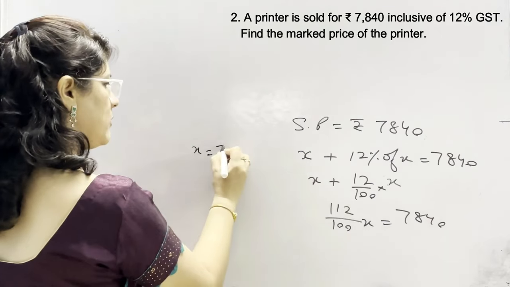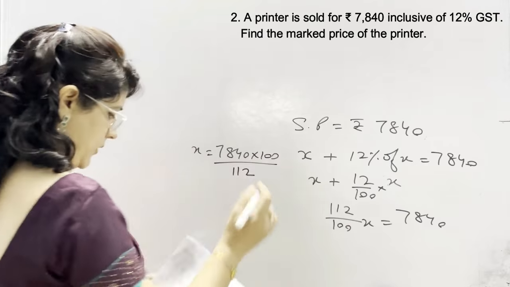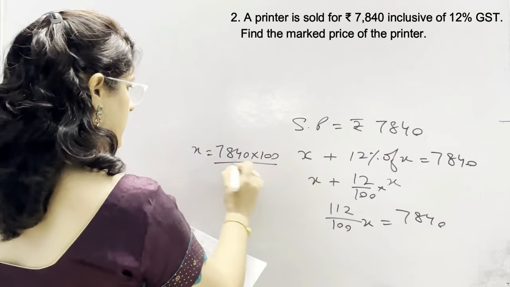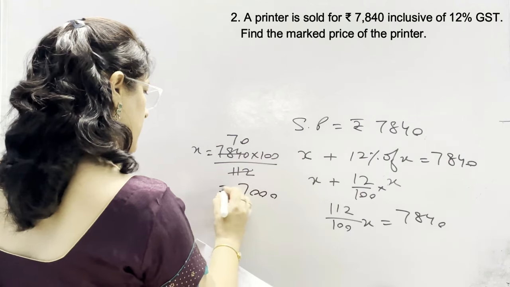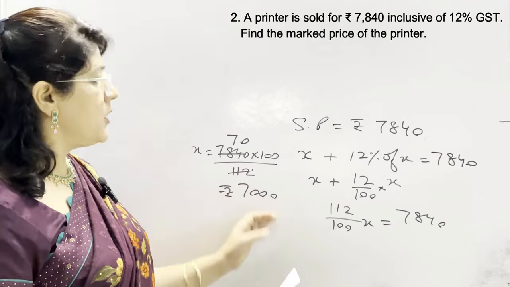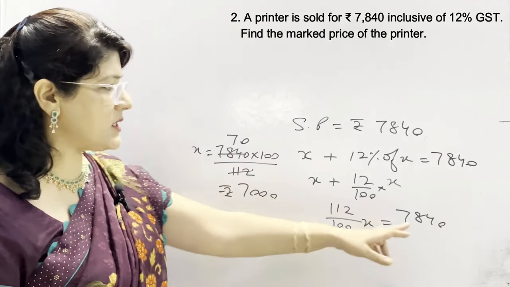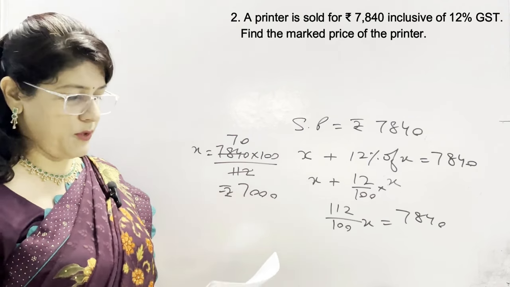So x is equal to 7840 multiplied by 100 and divided by 112. So 112, this comes out to be 70, then 7000. It means 7000 is the marked price of the printer, including 12% GST, which is 840. Then the selling price becomes 7840.